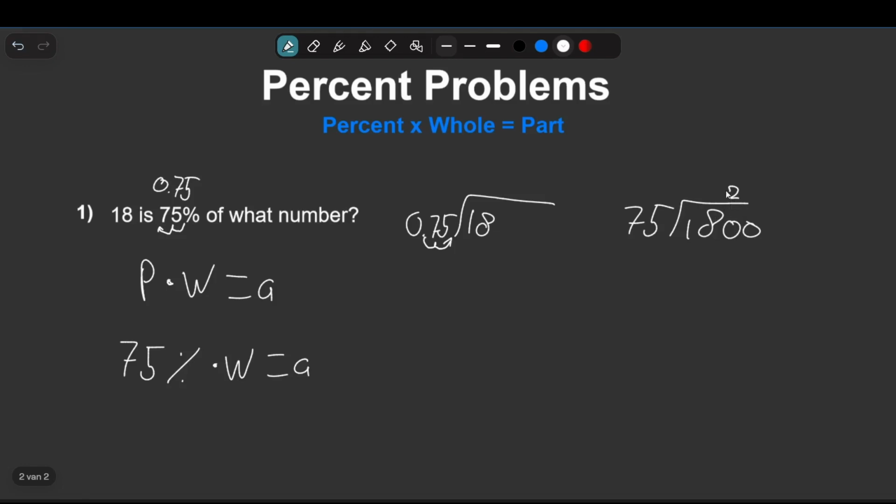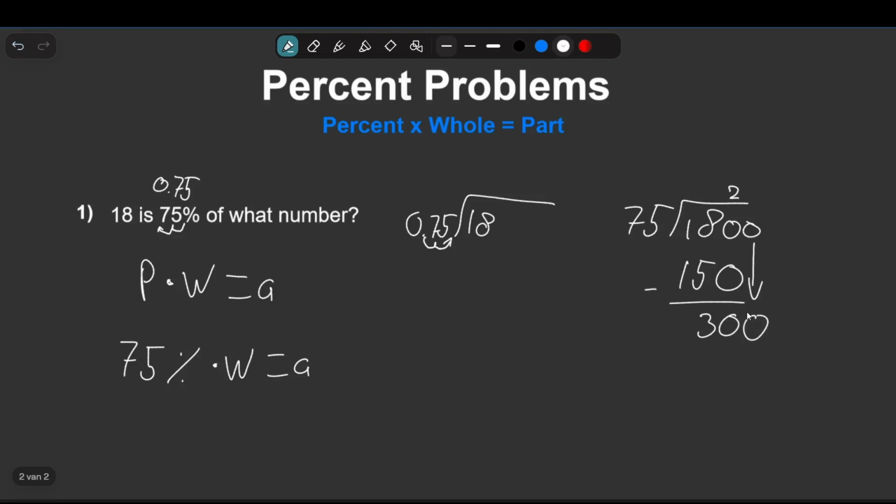Now we have to multiply. 75 multiplied by 2 will be 150, so we can write this down right here. Now we have to subtract these numbers. 180 minus 150 equals 30, so we can write our 30 down. Now, as you can see, we have a 0 left, so we are going to bring this down and we get 300.